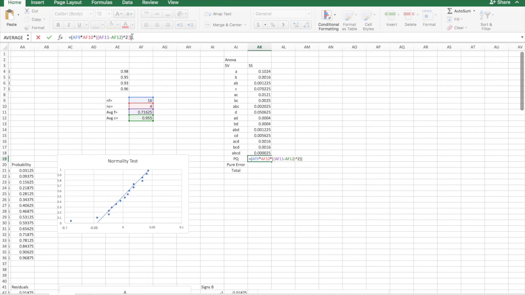Then this is going to be divided by NF plus NC. And we obtain the sum of squares of our pure quadratic. And the pure error, the sum of squares, is going to be equal to every data point of the points added minus its average, the average of C, squared.